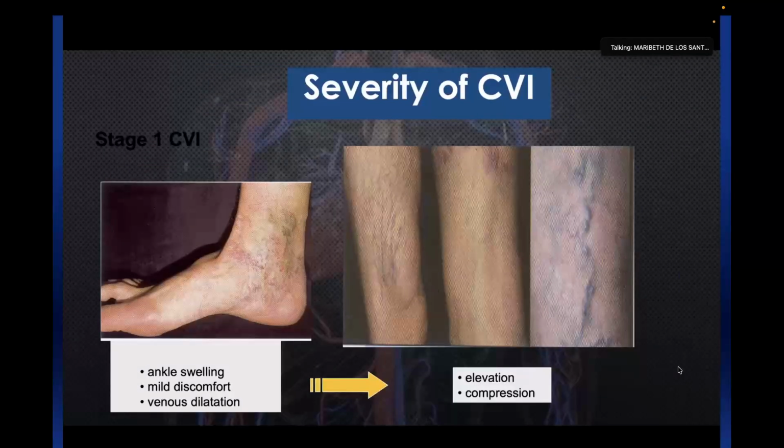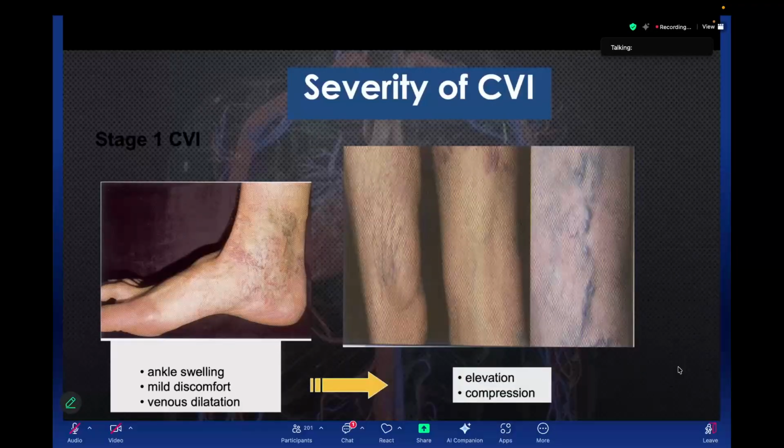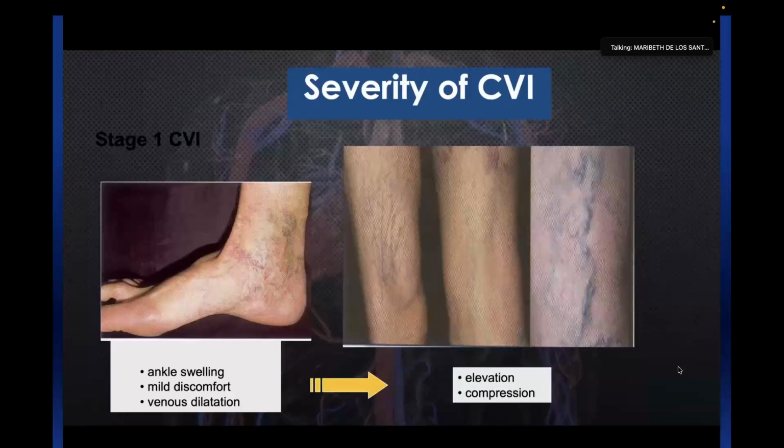And once you have severity of chronic venous insufficiency, we have stage 1, characterized by appearance of ankle swelling, mild discomfort, and venous dilatation, such as what you see here. These are telangiectasia.